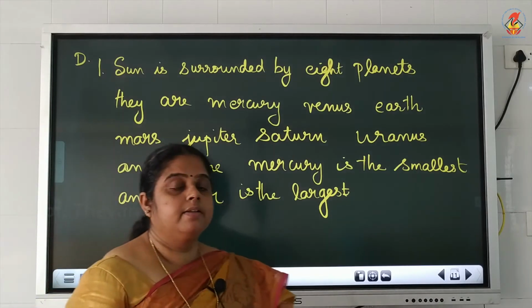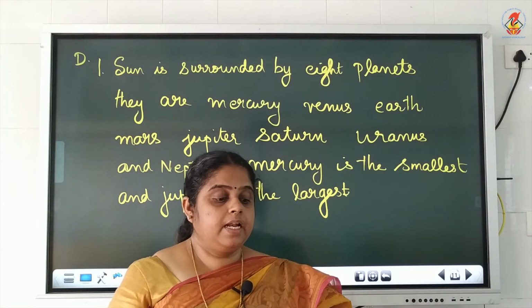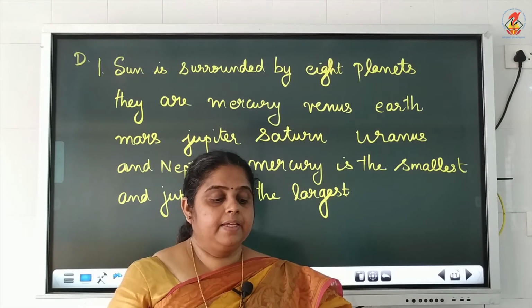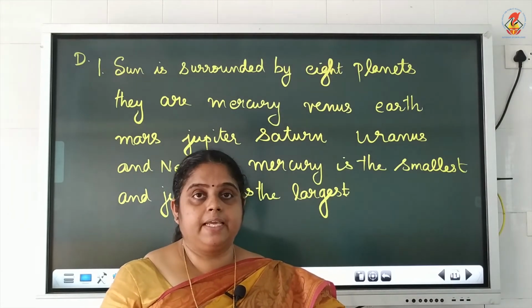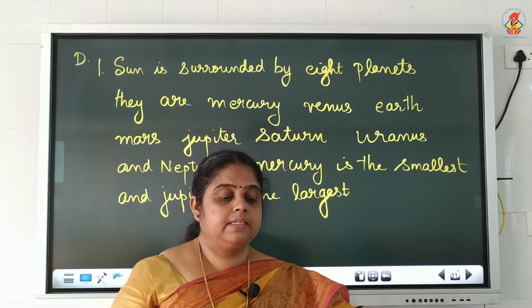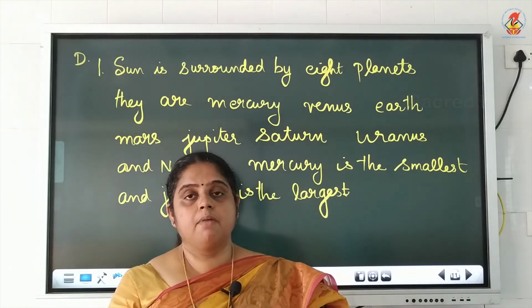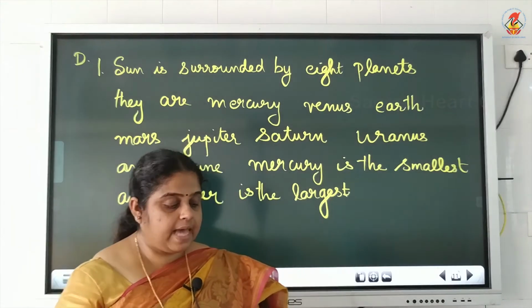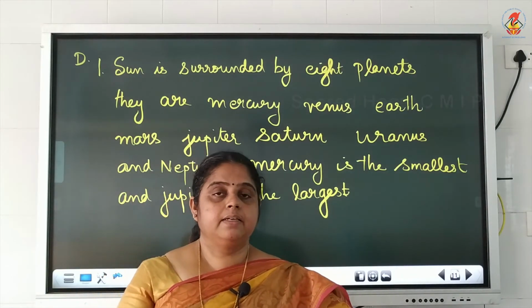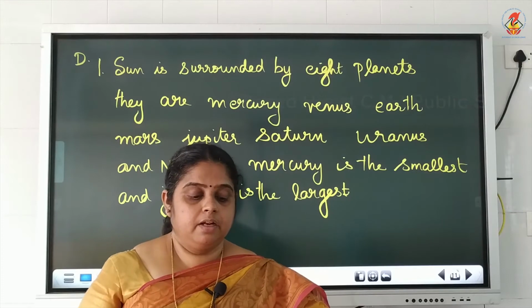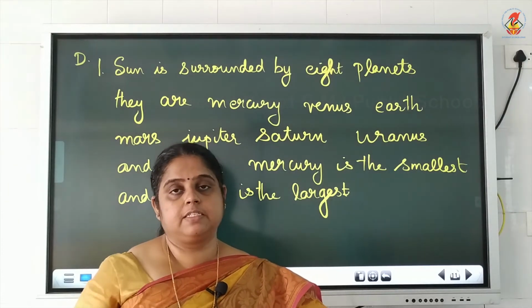The first one, Sun is surrounded by its 8 planets, okay, not 9 planets. 8 planets, they are Mercury, Venus, Earth, Mars, Jupiter, Saturn, Uranus and Neptune. Not Pluto. You can cut that if it is written there.